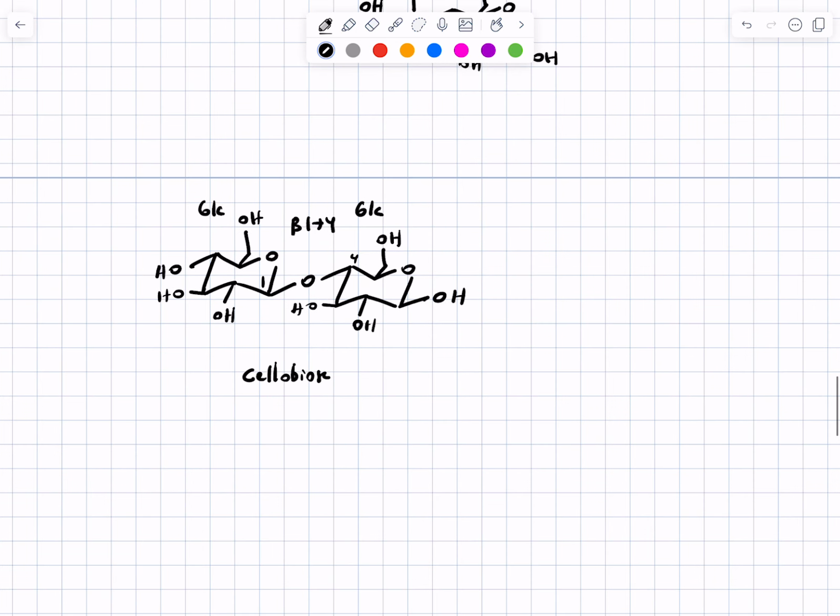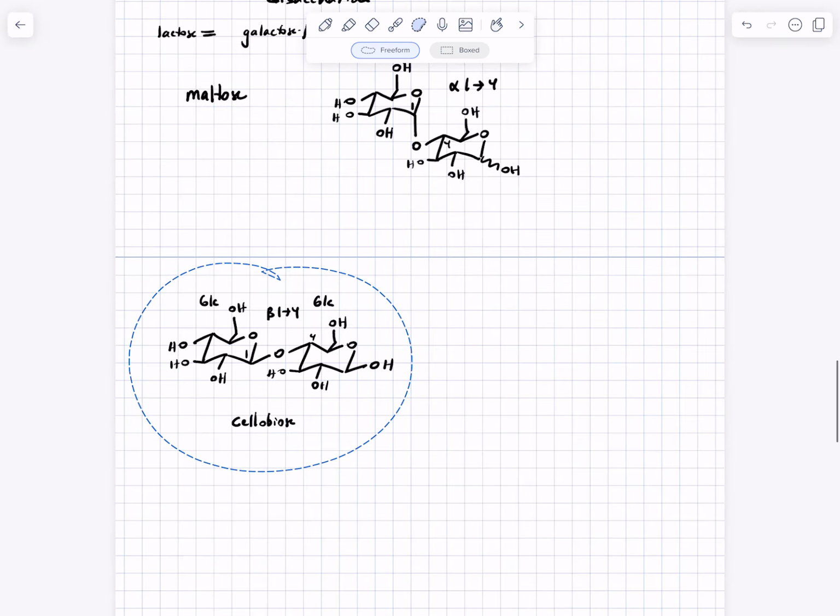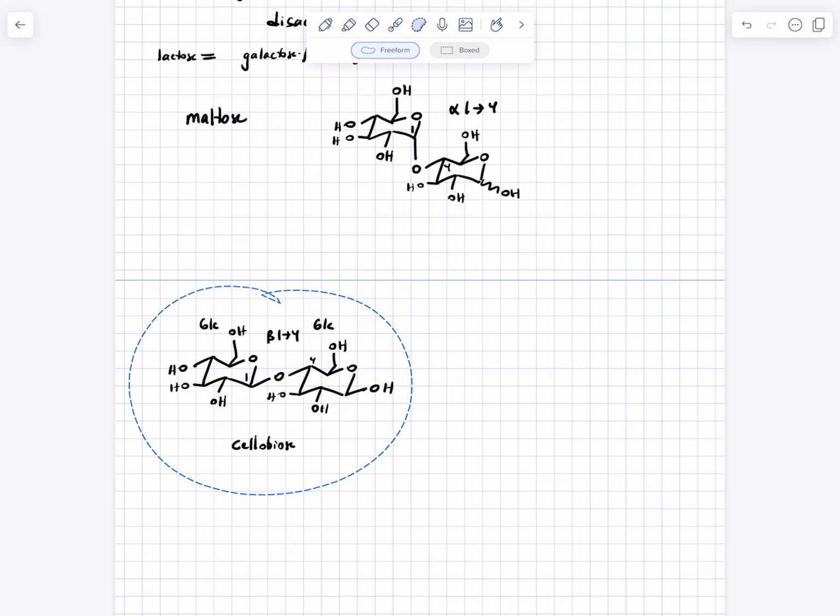If we change the stereochemical configuration from beta to alpha, you now have maltose, right? Which you can digest, and which if you put in your mouth will taste sweet because the enzymes in your saliva are already hydrolyzing that alpha 1,4 linkage. If you look in your text, we don't have time to draw all of this for you right now, but you will see structures of amylose and amylopectin.